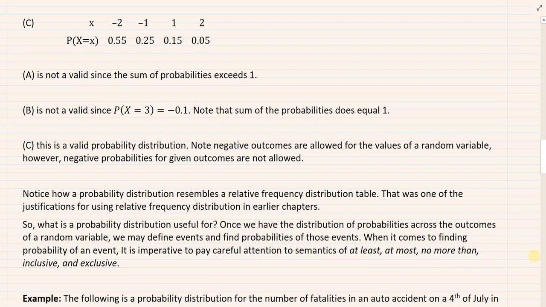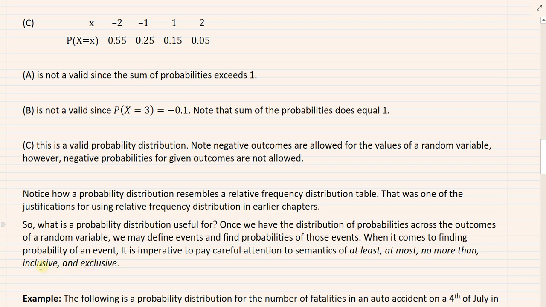Now, when it comes to probability statements that we make, semantics play a key role in writing and finding these probabilities correctly. So we're talking about the semantics of at least, at most, no more than. Whether some event defines outcomes where the outcomes are included or excluded from the event.